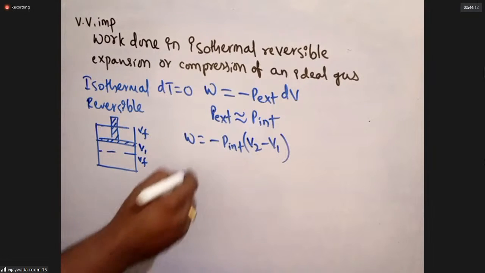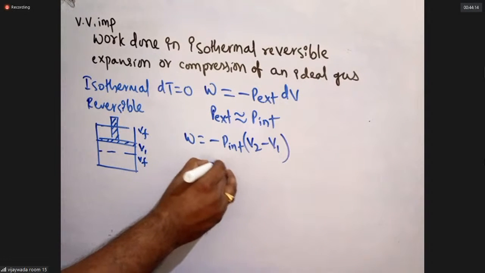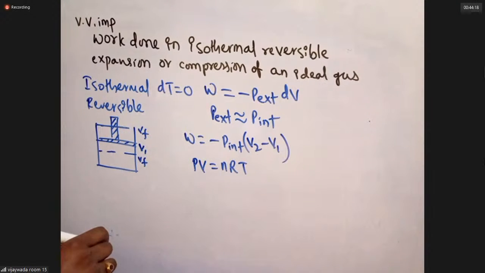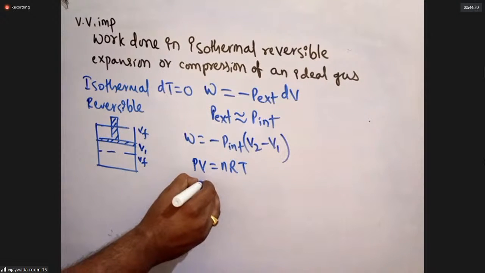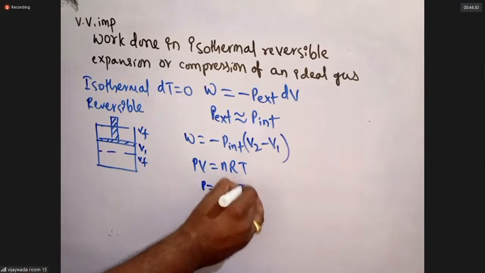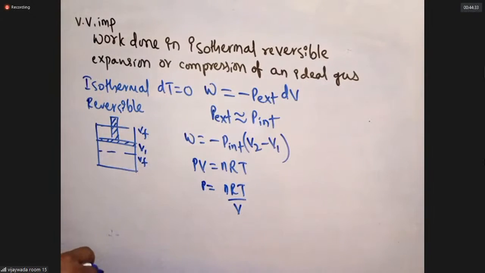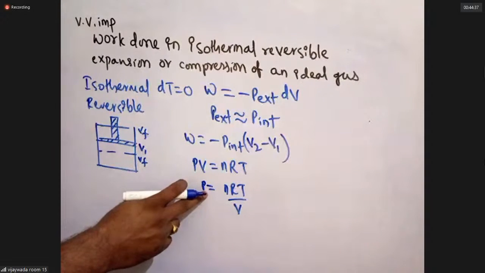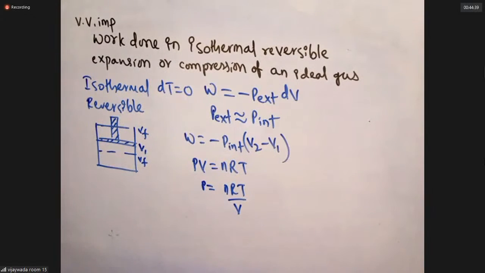According to ideal gas equation, PV equal to nRT. So in place of P, can I write nRT by V? P equal to nRT by V. This is P internal. P internal means pressure of the gas. Okay.